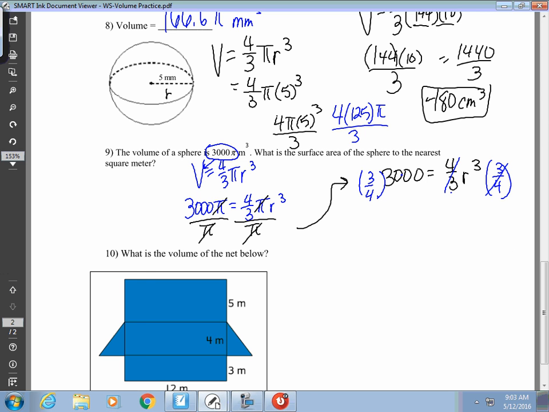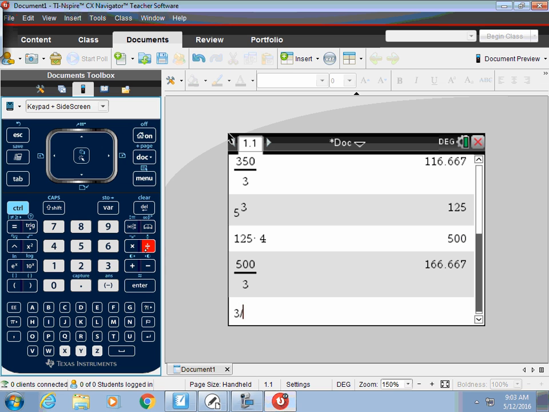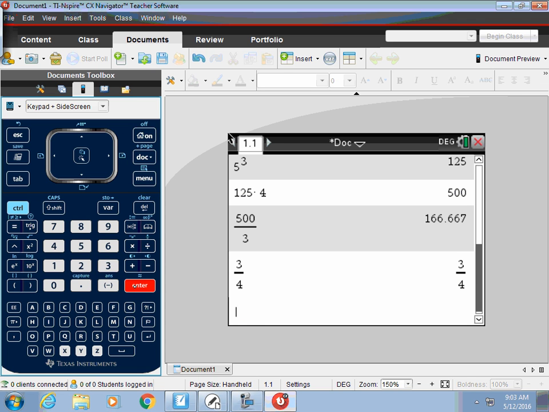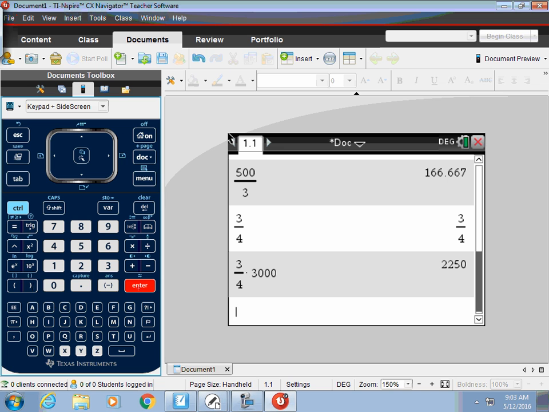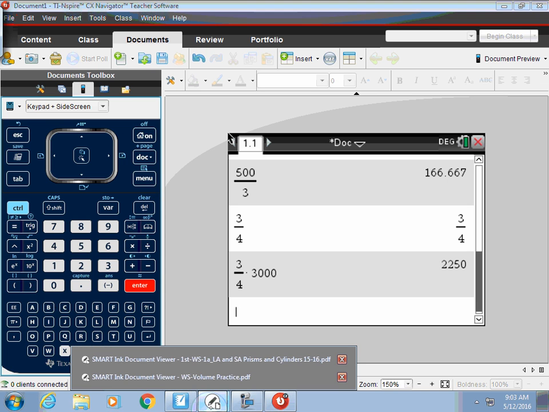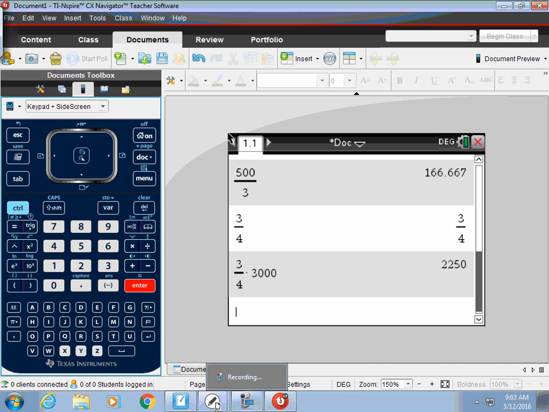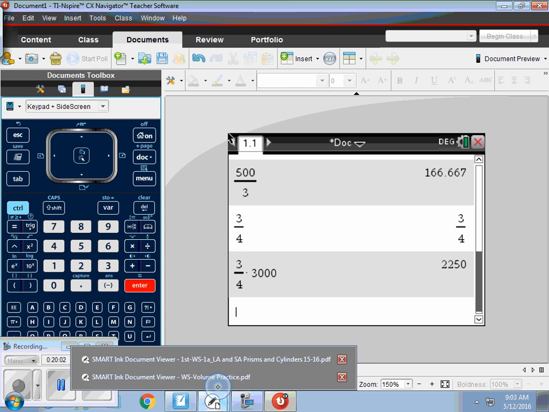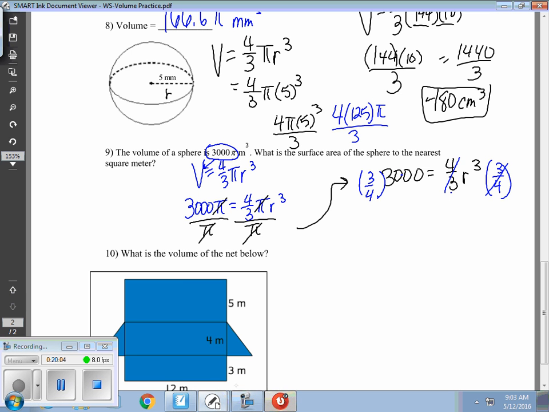Or I can just type that in the calculator: 3/4 times 3,000. That's 2,250. So 2250 equals the radius cubed.